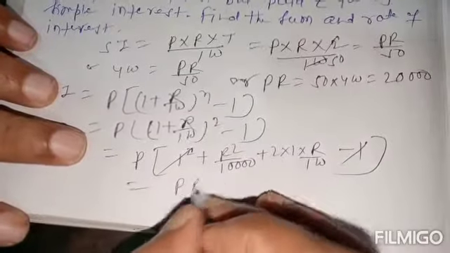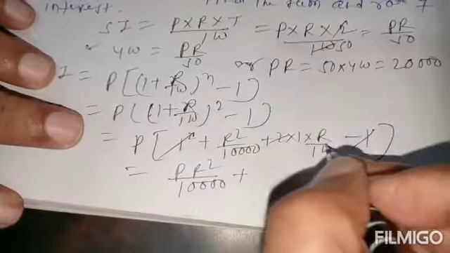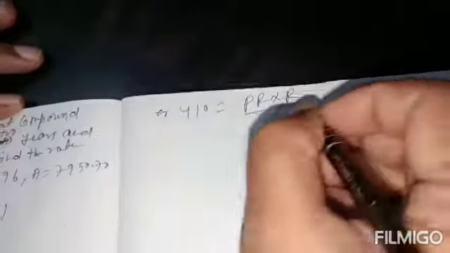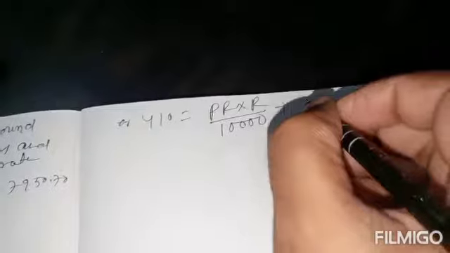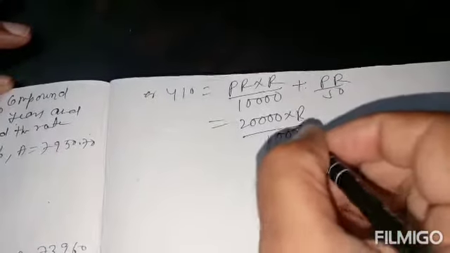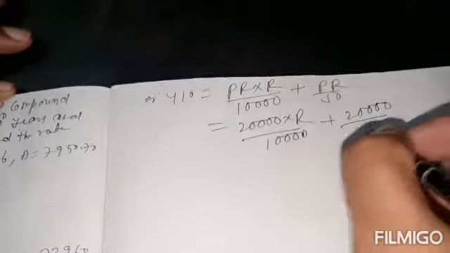So PR square by 10,000 plus PR by 50. So 410 is equal to PR into R by 10,000 plus PR by 50, and PR means 20,000 into R by 10,000 plus 20,000 by 50.